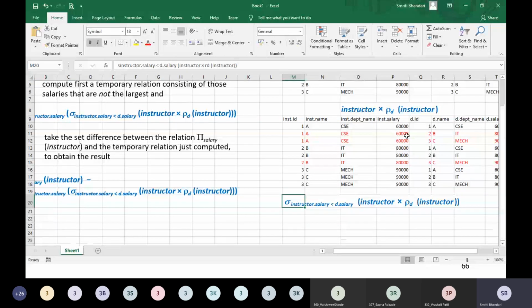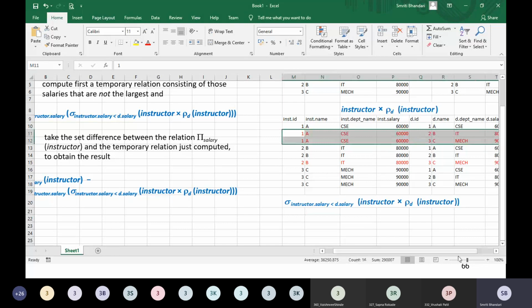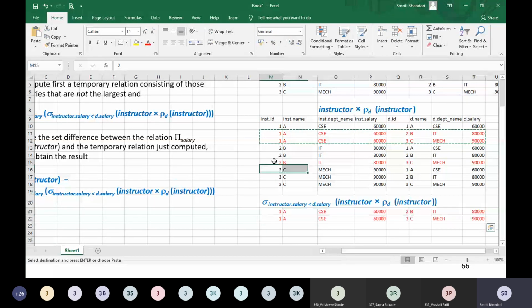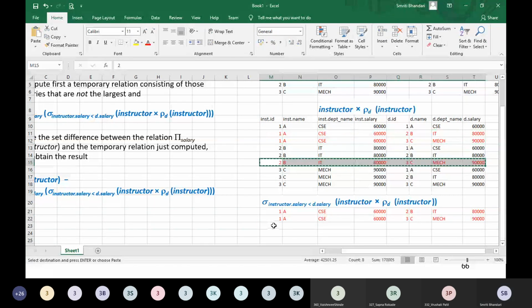So, output of this cross product is this, and we are imposing this condition, instructor.salary is less than D.salary. Right? So, after imposing this condition, what we will be having in our relation is 3 tuples.